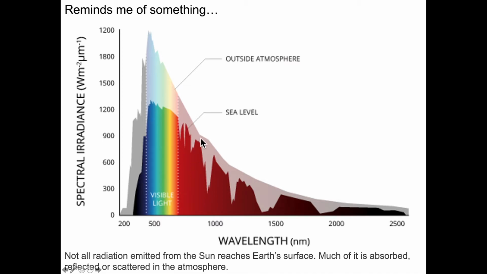These are absorption bands from various gases, various substances in the atmosphere. When gases absorb incoming radiation, we see a reduction in the amount of radiation that reaches the Earth's surface that can then be absorbed as blackbody radiation, converted into longer wavelengths, and then re-emitted as blackbody radiation.